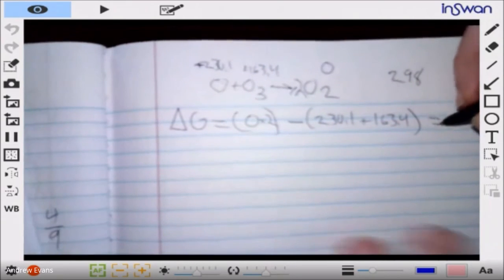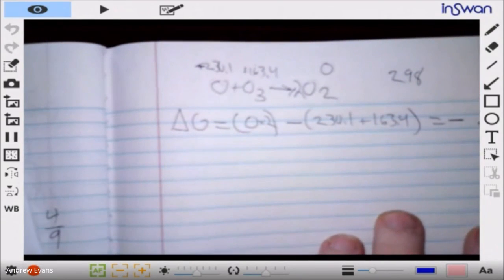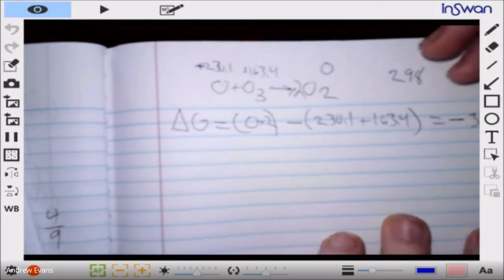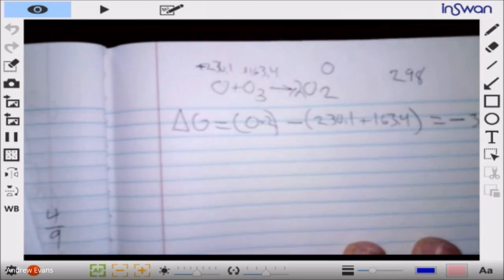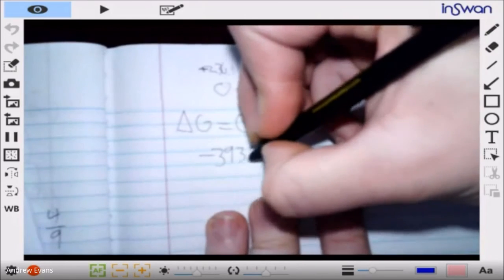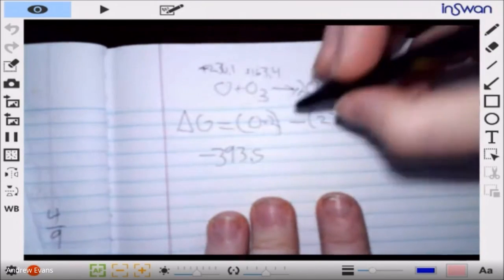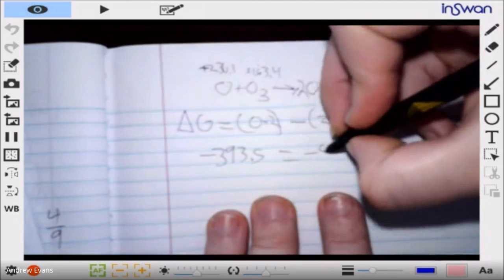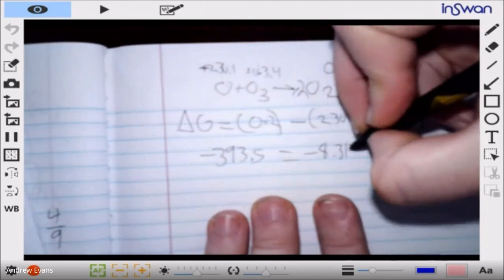So our delta G is negative 393.5 kilojoules per mole. You may have these situations. Negative 393.5. This is highly spontaneous. It's highly spontaneous.